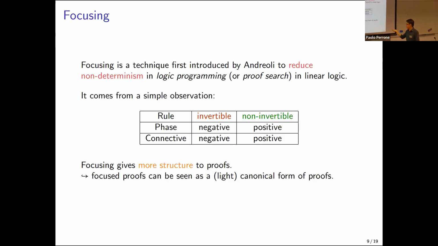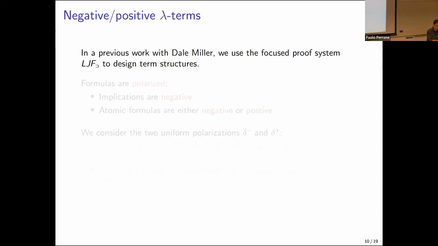Focused proofs can be seen as a light canonical form for proofs. It's not a strong canonical form like proof nets and so on. In previous work with Dale Miller, we used the focused proof system for Gentzen's LJ to design term structures, because focused proofs can be seen as a light canonical form, so we wanted to use that to design compact term structures.